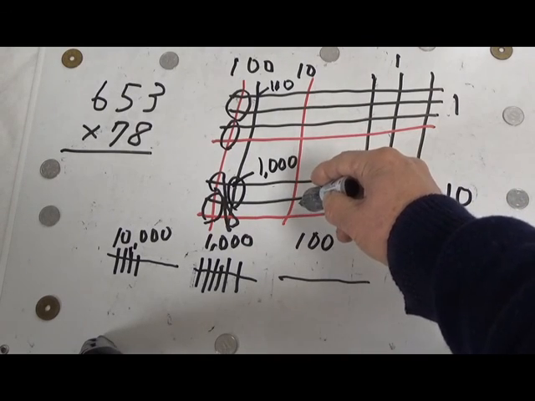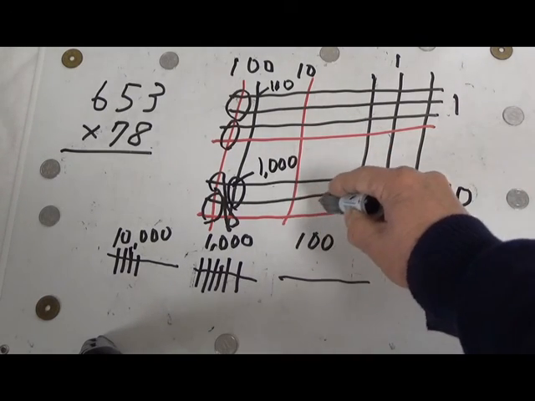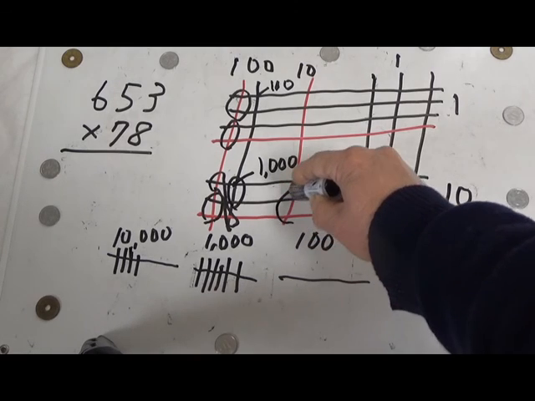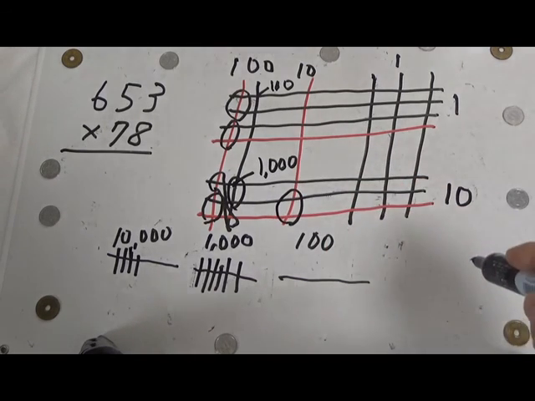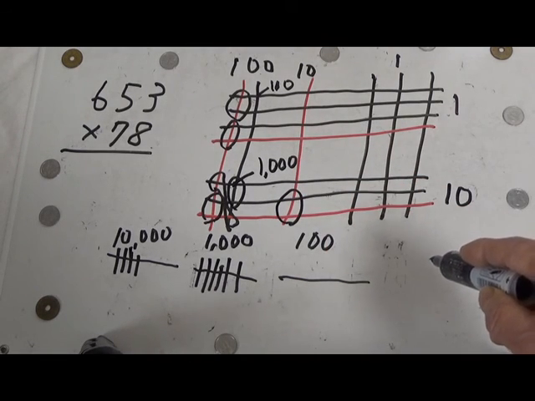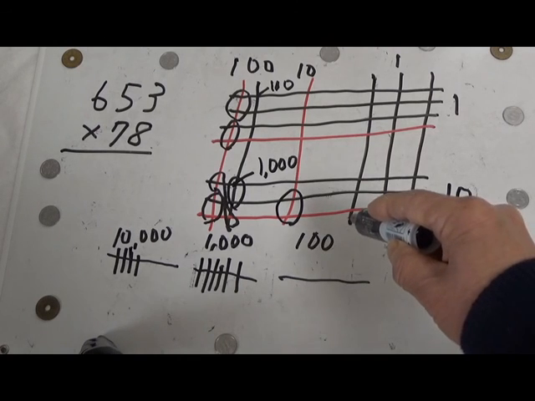The crossing points, this is 10 lines, this is 30 100 lines, 30 100 points.